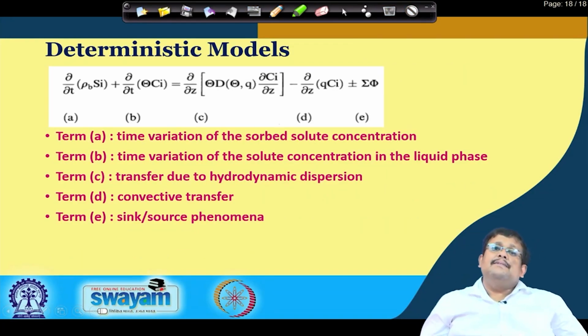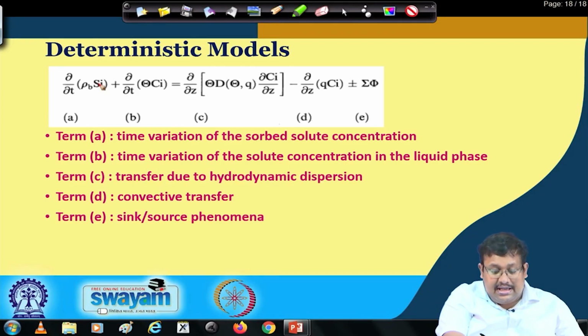Now, if we see this one dimensional CD equation, there are certain parts by which we can generalize it. You see that different components are tagged with different names.